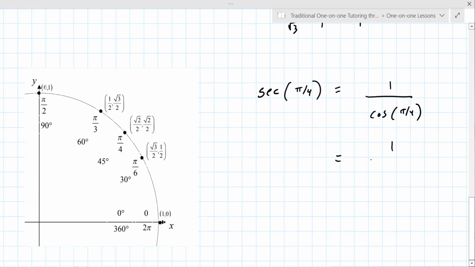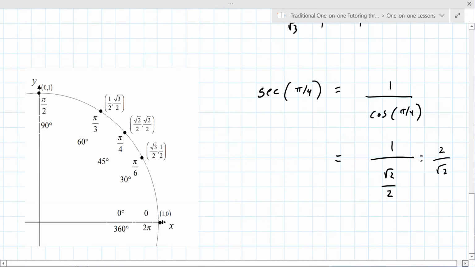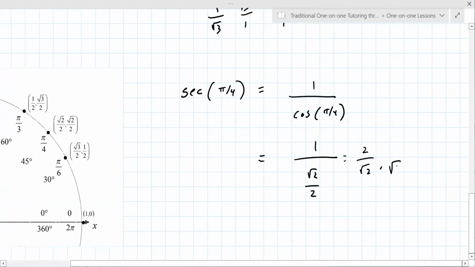So we would write it as 1 over the square root of 2 over 2. Whenever you have 1 over something on the bottom, you flip it, so it becomes 2 over root 2. And then you can rationalize by multiplying the top and the bottom by root 2. So 2 root 2 over 2, the 2's cancel, and you just get square root of 2.